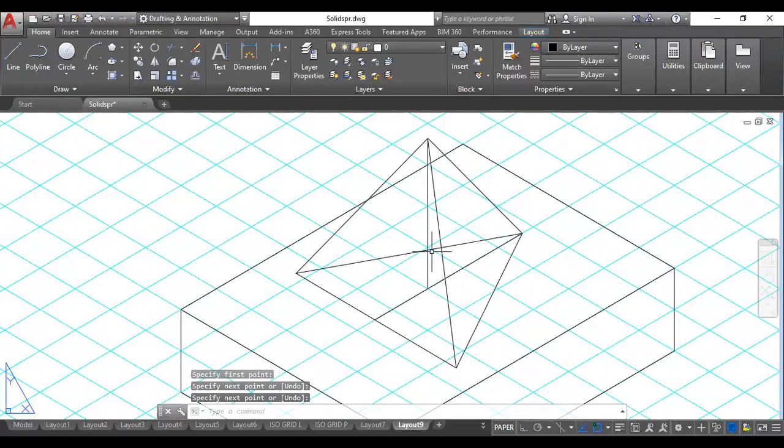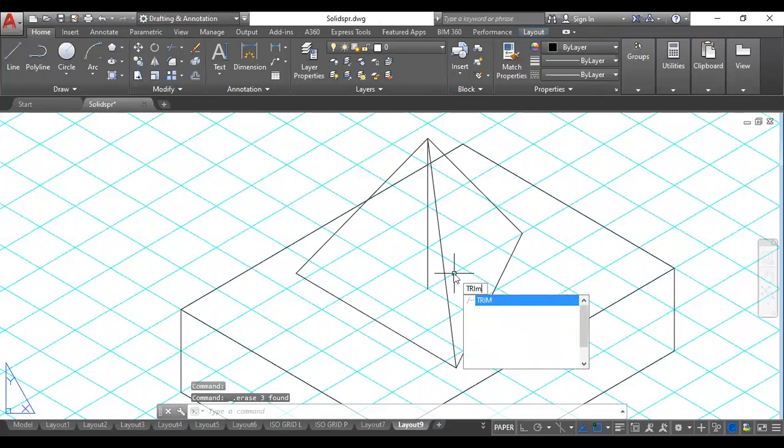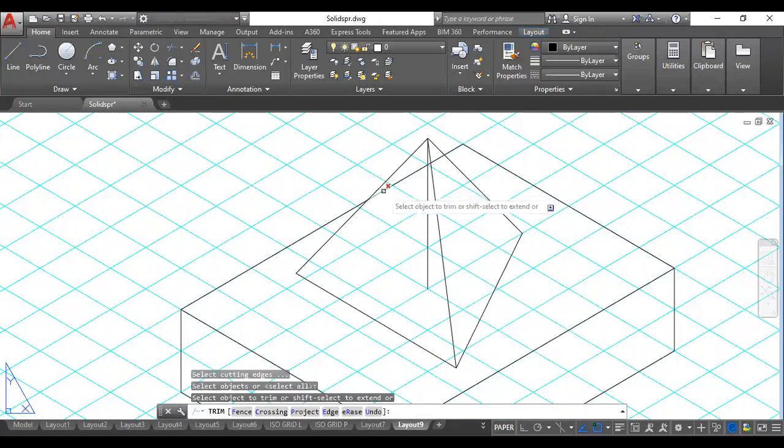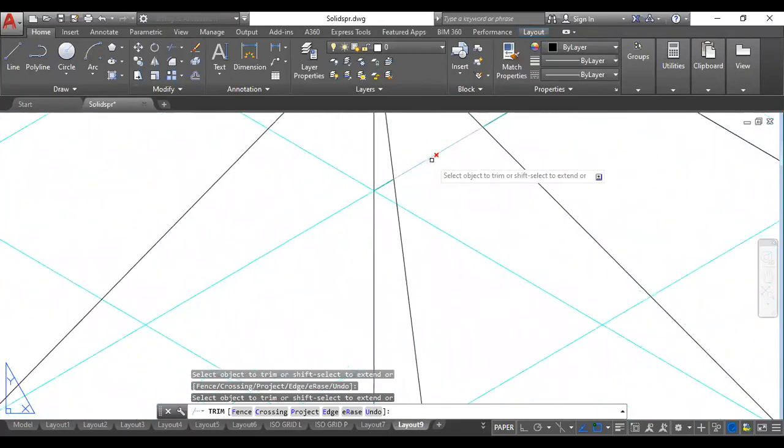Before that, let me remove the edges which are not visible to us. The part of the rectangular slab which is within this tetrahedron will not be visible to us, so that part we will erase.